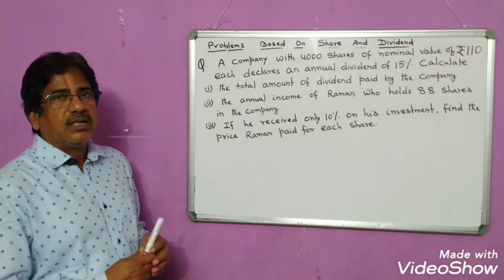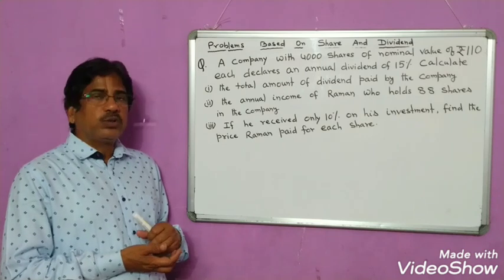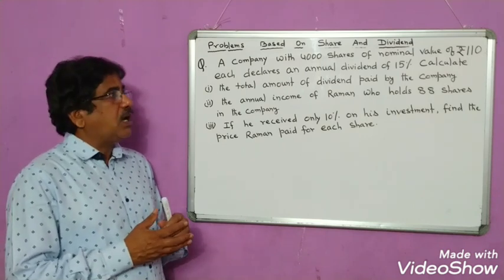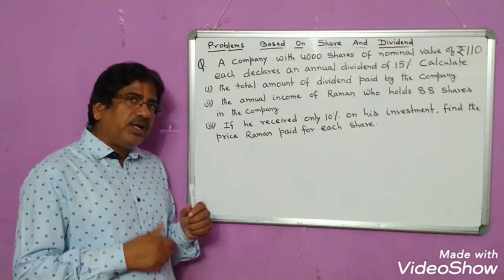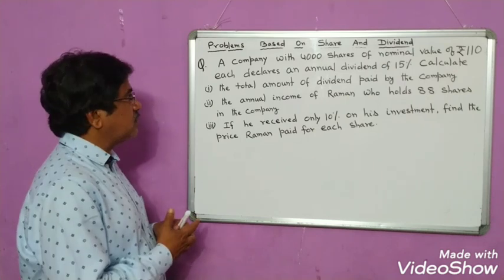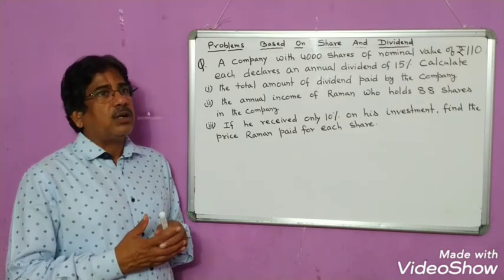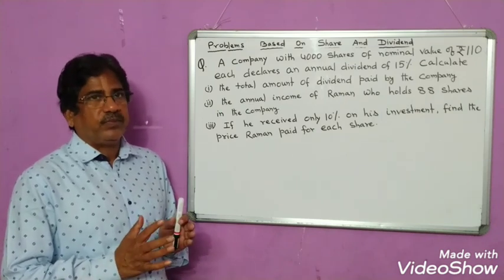So in this question, it is clear that the total number of shares is 4,000, the nominal value of each share is 110 rupees, and the annual dividend declared by the company is 15%. In the first part of the question, it is asked what is the total annual dividend paid by the company.